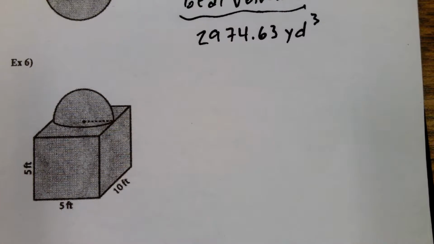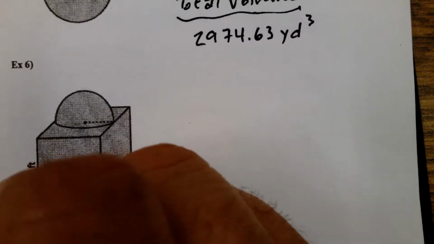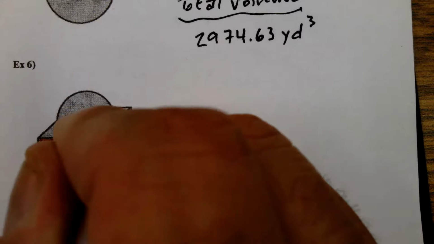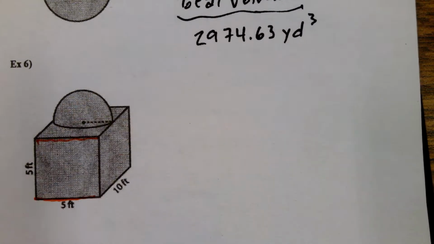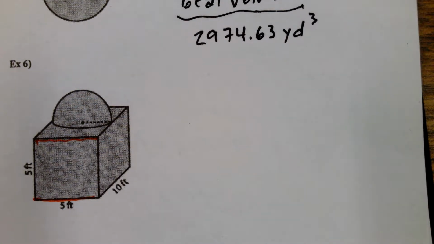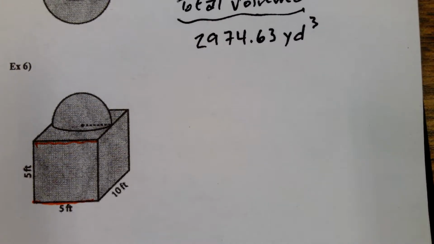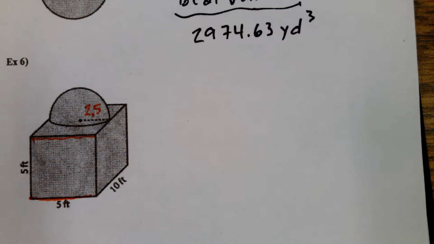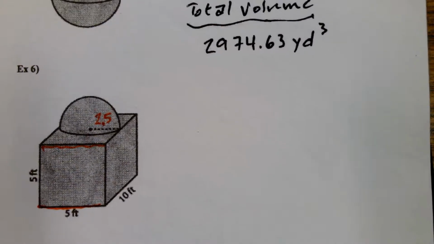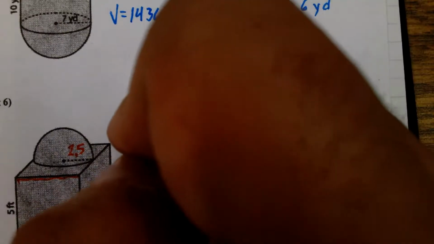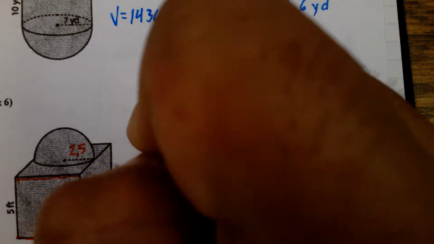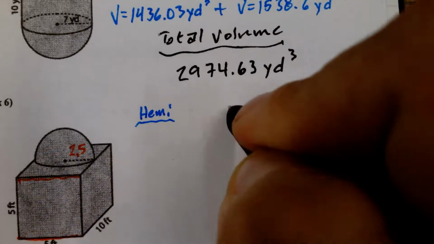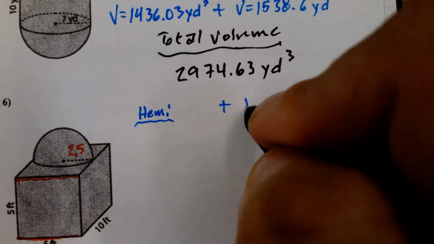So that means this length of 5 here is the same here and also here for a diameter. So really we'll say the diameter is 5. So therefore, half of 5 is 2.5. And that's our radius. Okay? So we're going to go with that, but it's a hemisphere. So I'll just say hemi plus a rectangular prism.